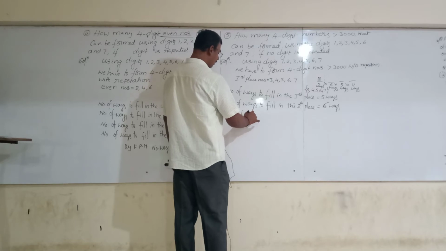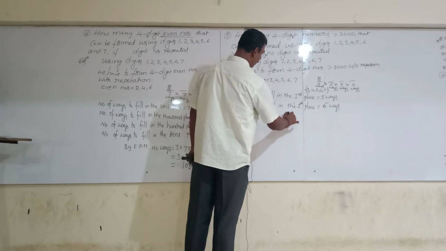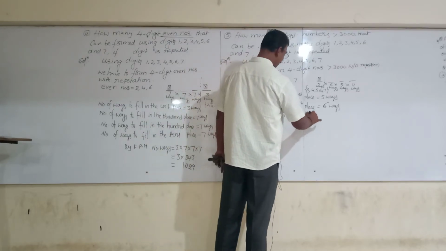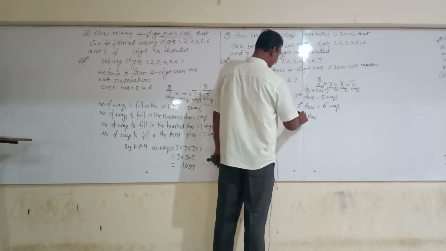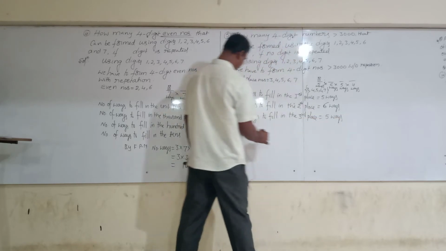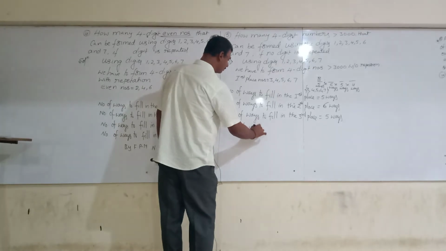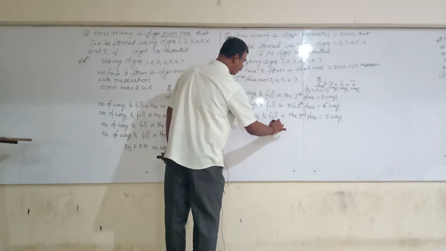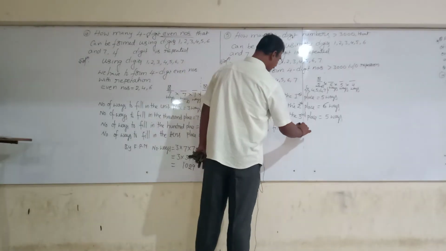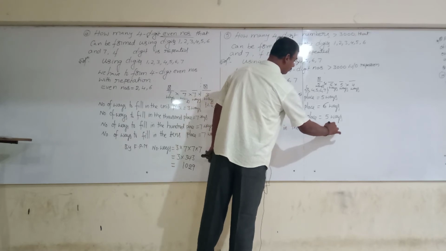Next one, number of ways to fill in the third place is equal to 5 ways. Number of ways to fill in the fourth place is equal to 4 ways.